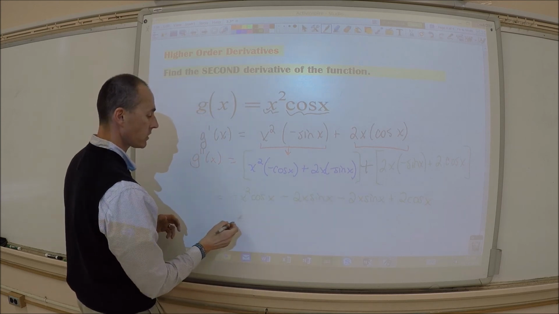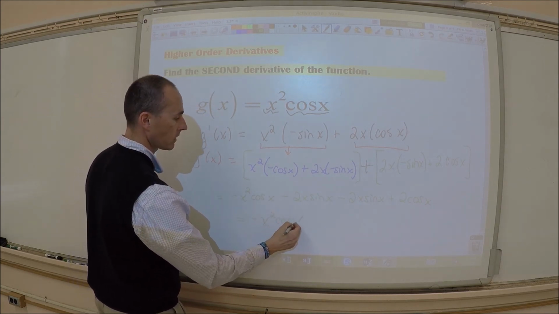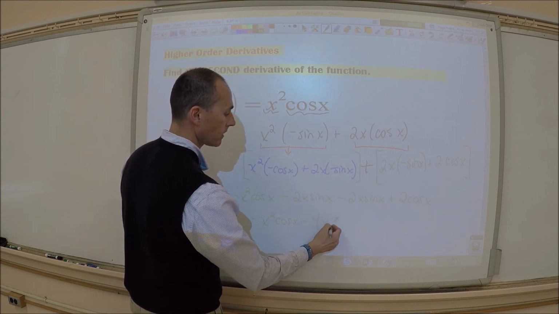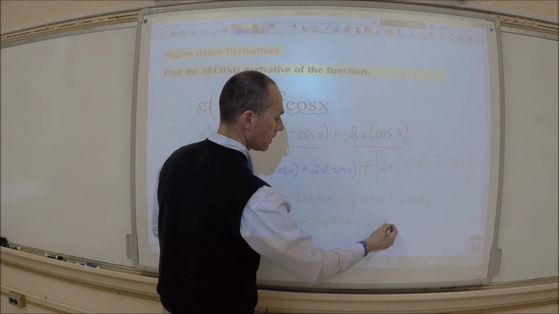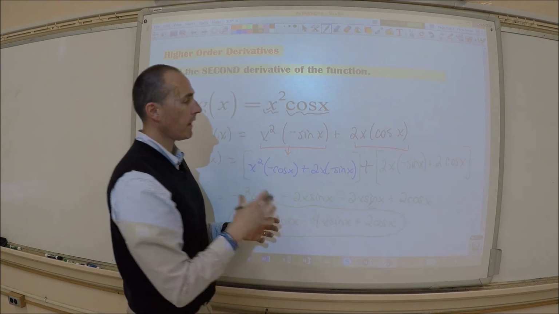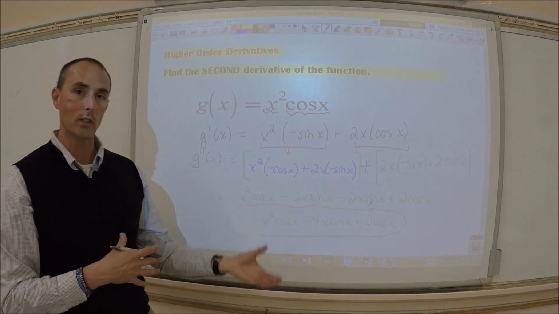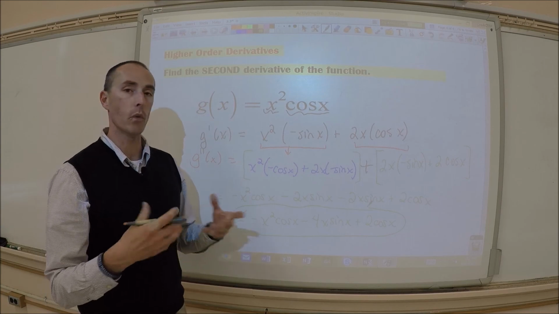So my final answer, second derivative of g, negative x squared cosine x minus 4x sine x plus 2 cosine of x. And hopefully you have a little bit better understanding of how we can see and recognize when to use product rule, quotient rule, and in all the various different kinds of ways we could see it.